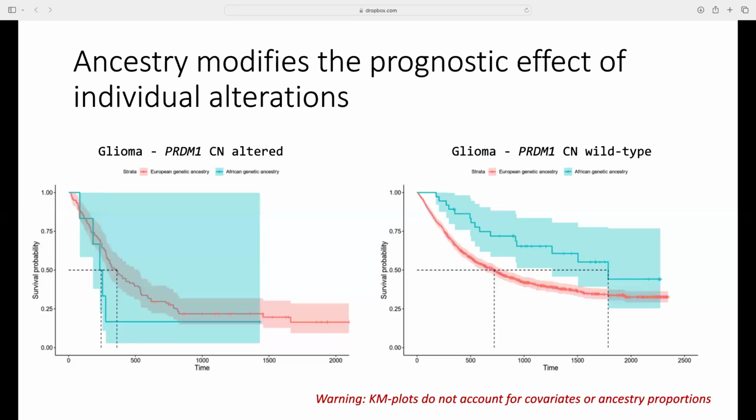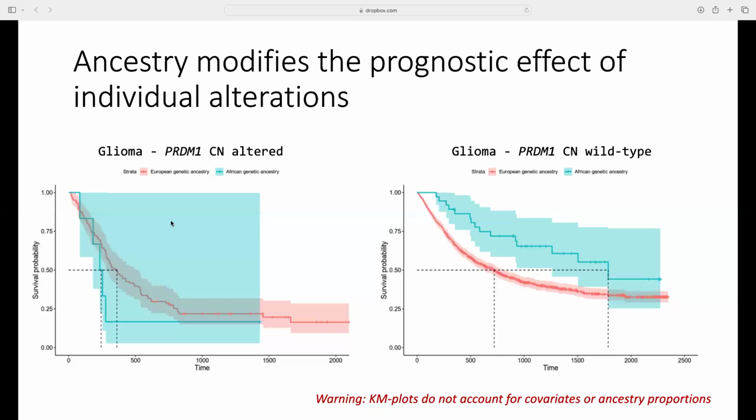And I'm going to show a couple of examples here with Kaplan-Meier plots. If you look at the figure on the right, this is looking at patients with glioma who are wild type for this PRDM1 copy number alteration. You can see that in this cohort, individuals with a predominantly African genetic ancestry have better survival than individuals with European ancestry.